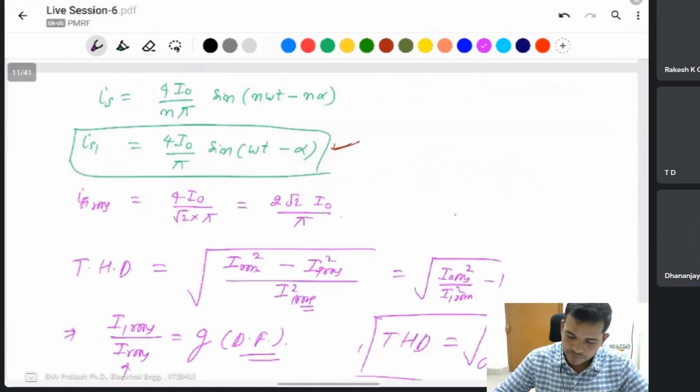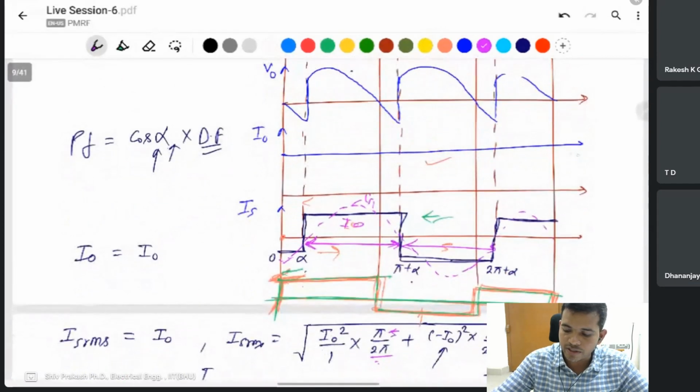I take the output as constant current. If this is not constant, then the whole analysis will be difficult. I will take the output as voltage, and the output current will be constant. After that, I take the analysis.